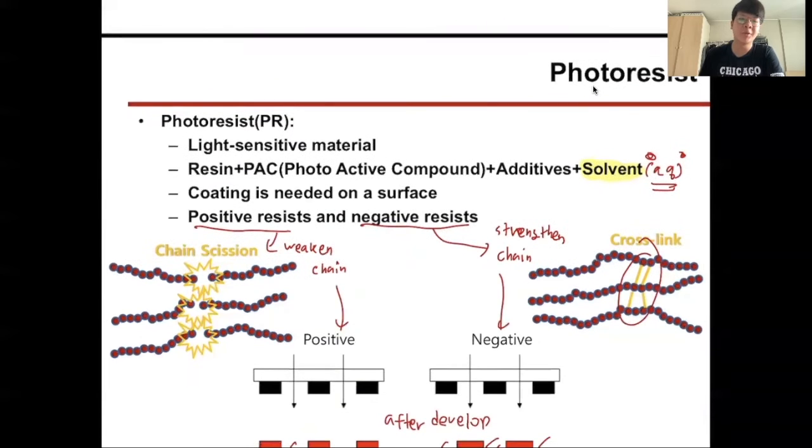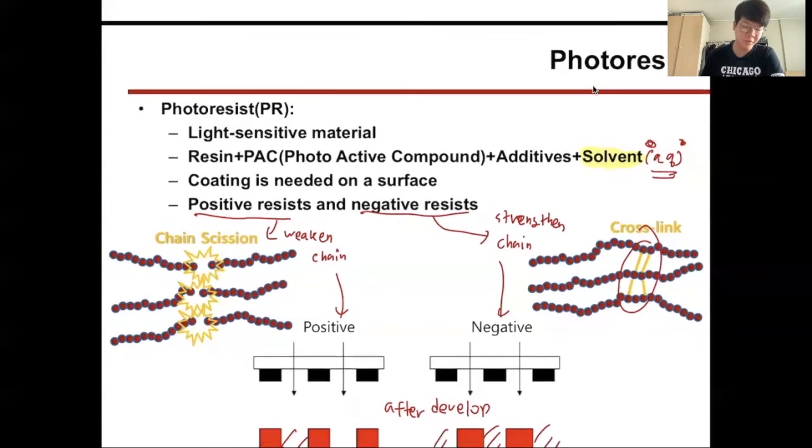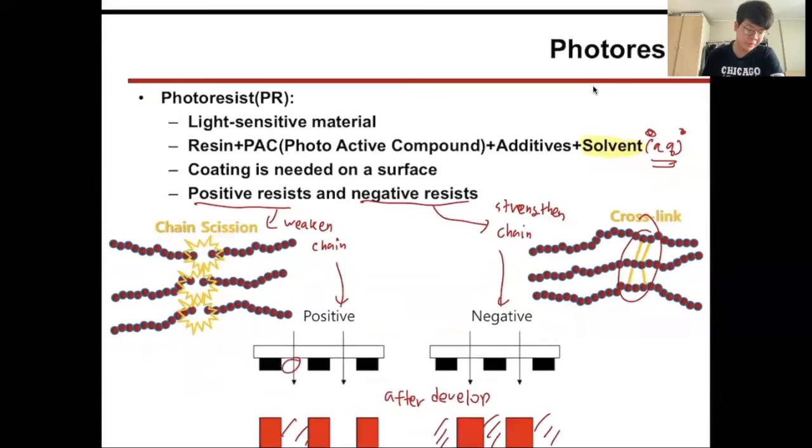And there is photoresist. A photoresist is a mask for the wafers. It can work as two types. First of all, positive resist and negative resist. In positive resist, the area exposed to the light weakens the chain in the photoresist.